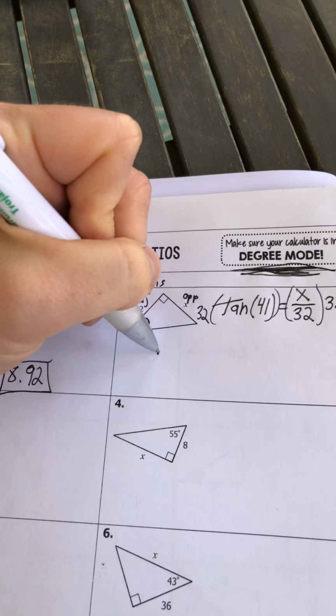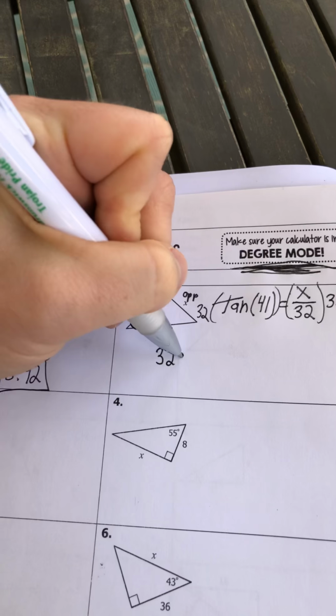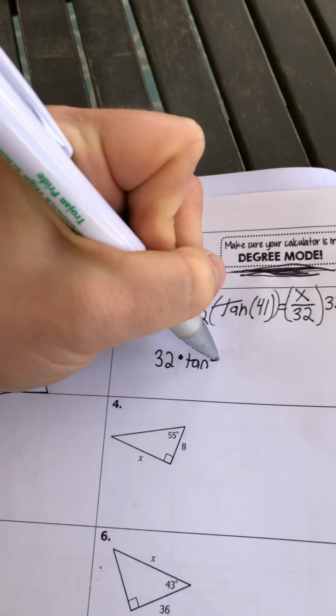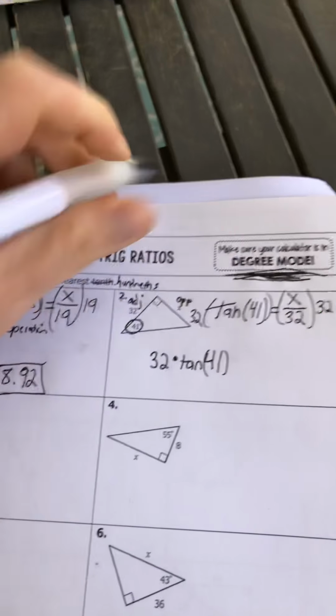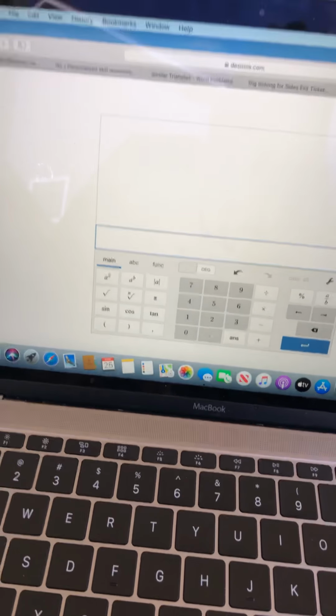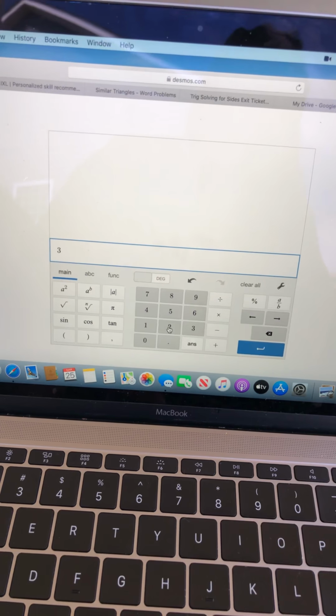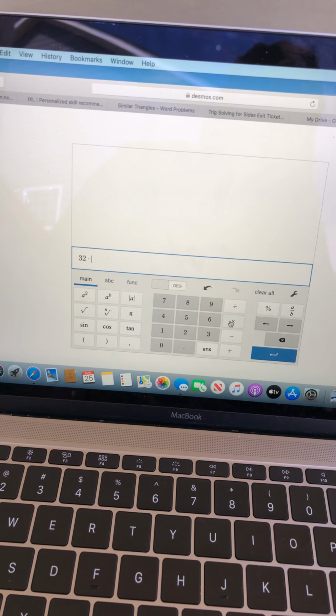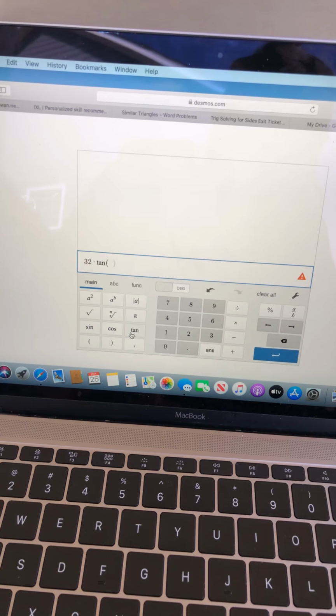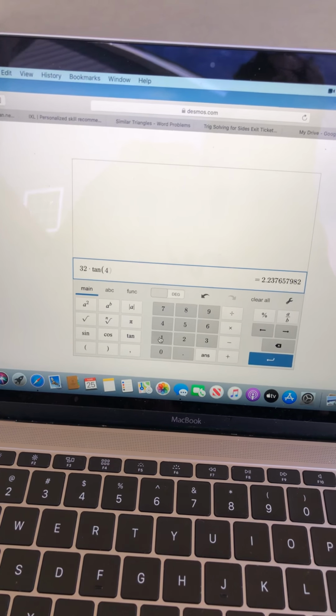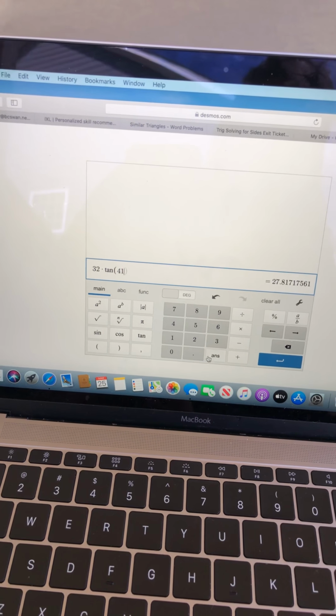So in my calculator, I'll type in 32 times tan of 41. Okay, so back to this guy over here. 32 times tan of 41 degrees, and we're in degree mode.